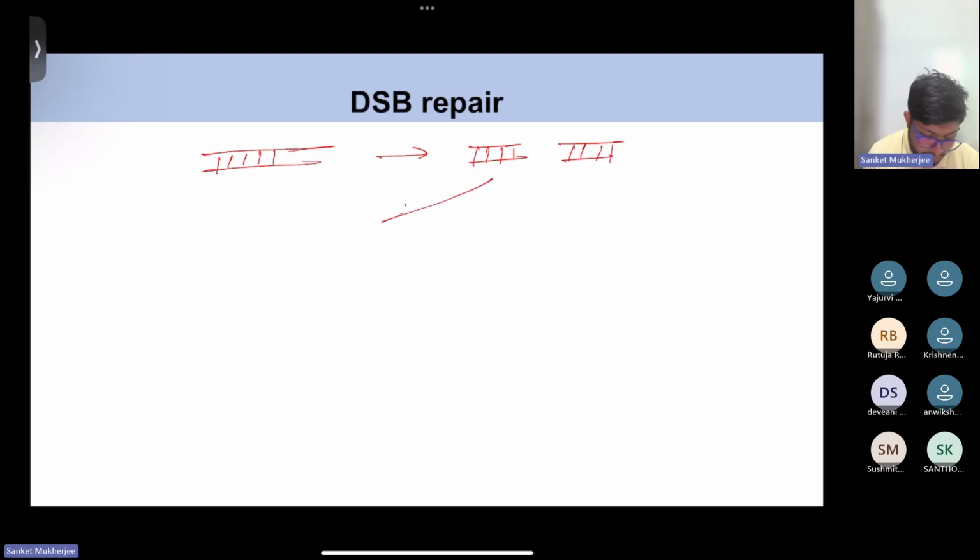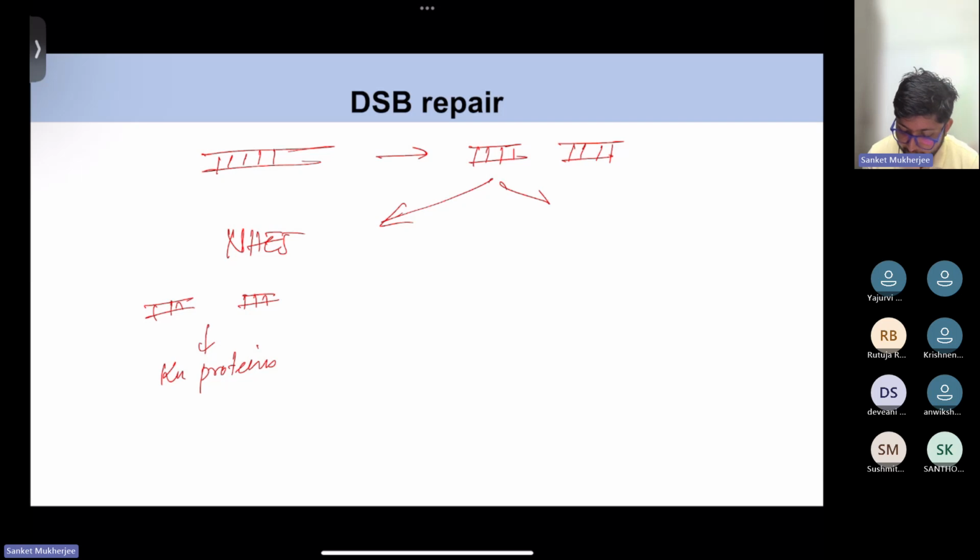One is non-homologous end joining, where essentially these two breaks are simply joined together with the help of proteins called Ku proteins. In case of homologous recombination, which is a more precise repair pathway, there is a template DNA which is present.